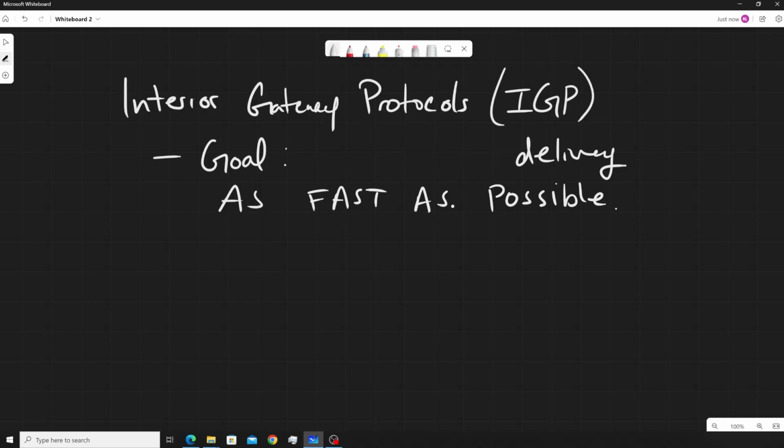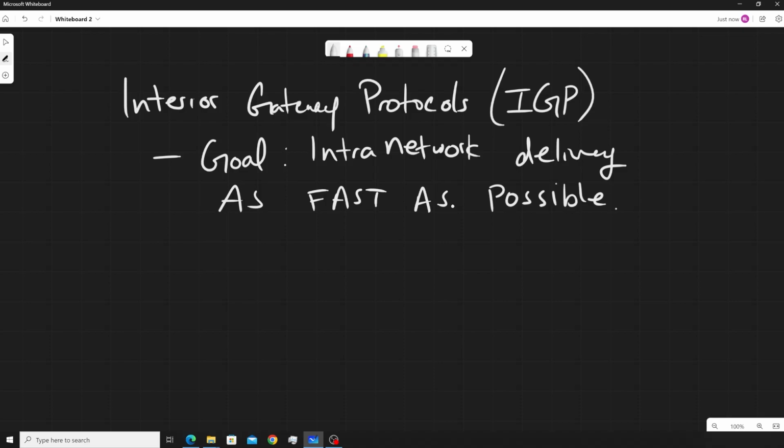So intra-domain delivery. I guess it's intra-domain. Intra-network. That is, we're inside of a single autonomous system. I guess it's fine. Intranetwork.